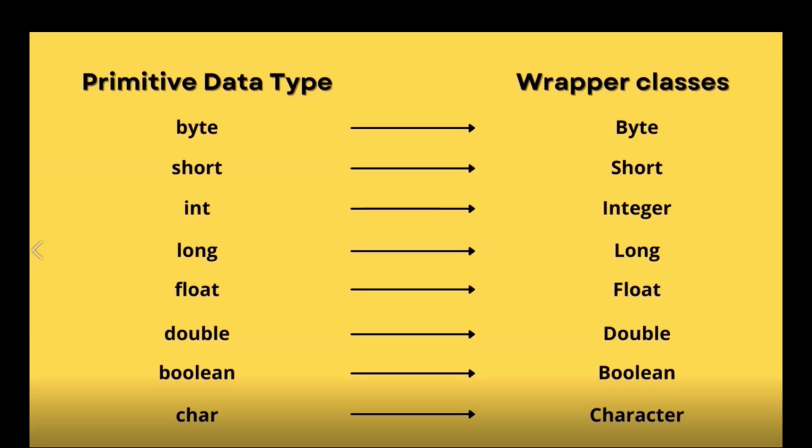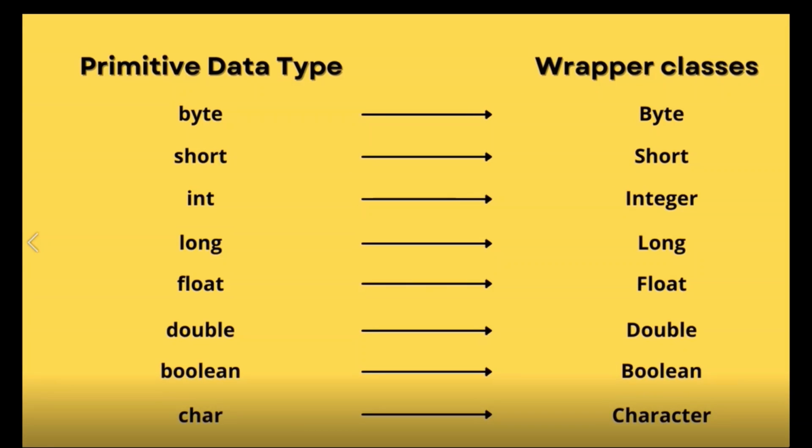Several Java features, for example, such as inheritance, polymorphism, and generics, cannot directly interact with primitive data types, although they can deal with objects. That's where the wrapper classes come in handy. For instance, the Java collection framework we frequently employ only works with objects and not primitive data types.